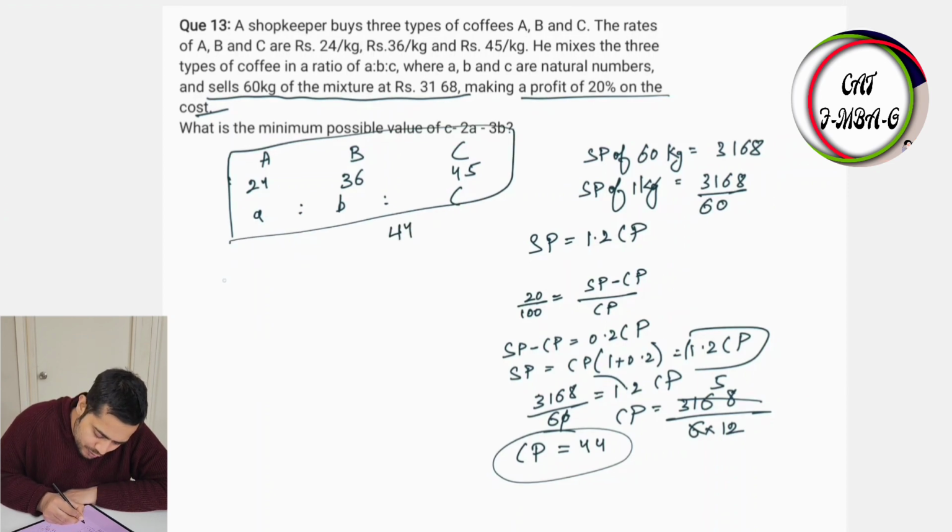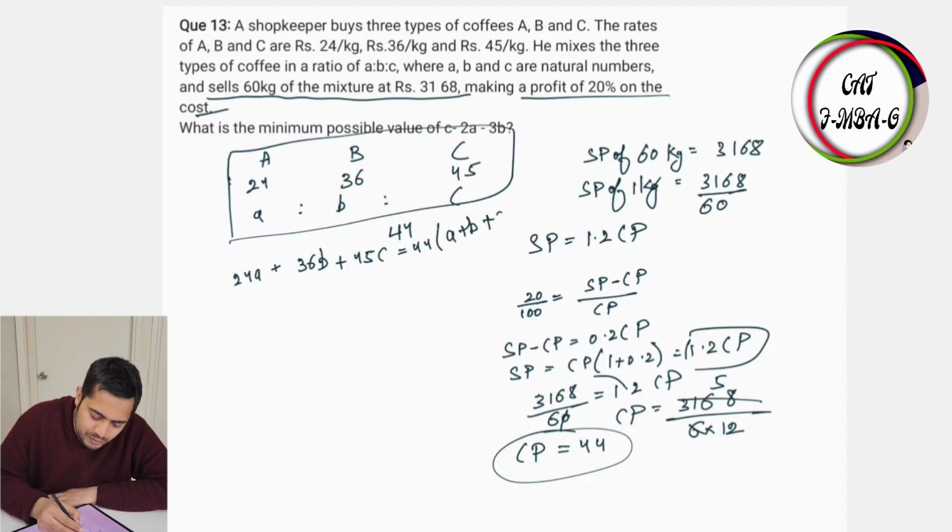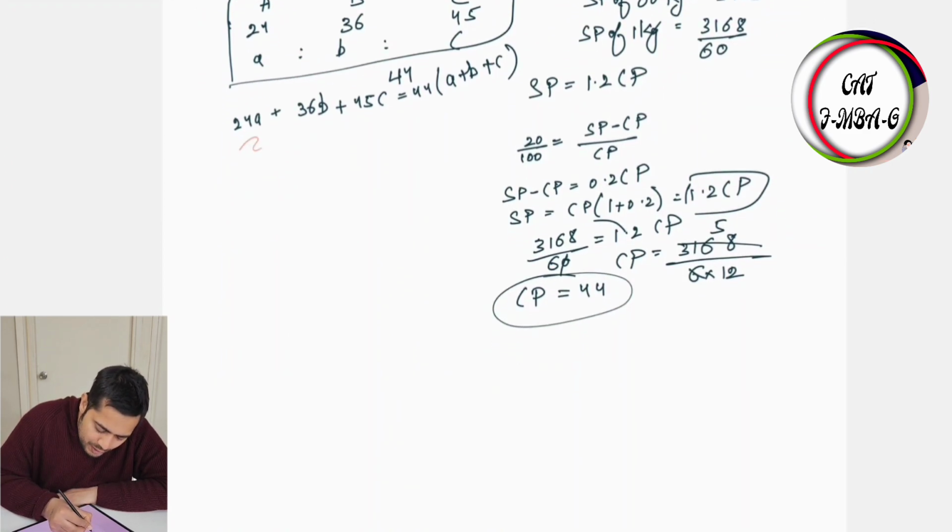You can write it as 24A plus 36B plus 45C is equal to 44 times A plus B plus C. Now see the magic. So 24A plus 36B plus 45C is equal to 44A plus 44B plus 44C.